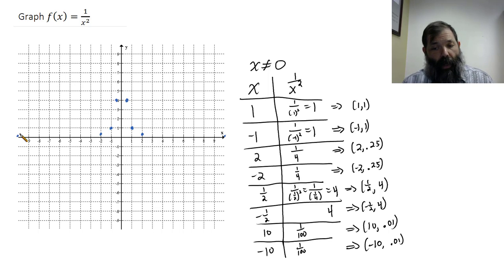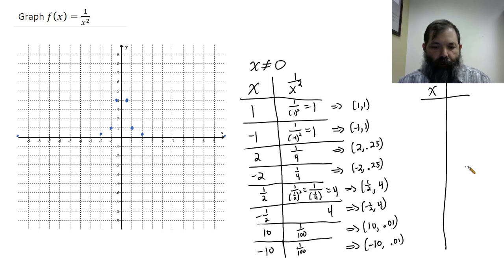And now remember, x cannot equal 0. And what I see from my graph in blue, I see this fairly large value, and I wonder what happens if I get closer and closer to 0. So let's continue. What if I let x equal 0.25, 1/4?